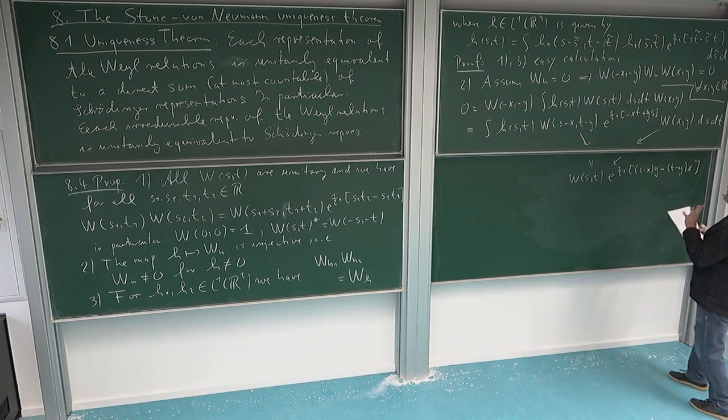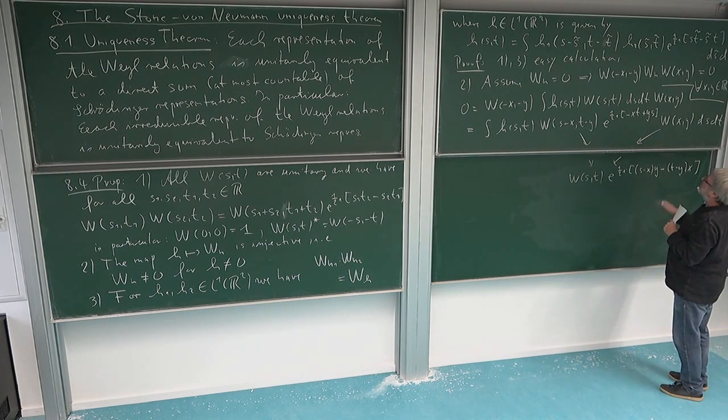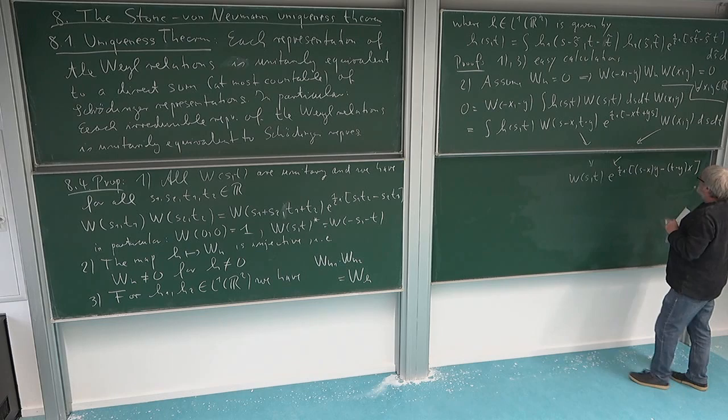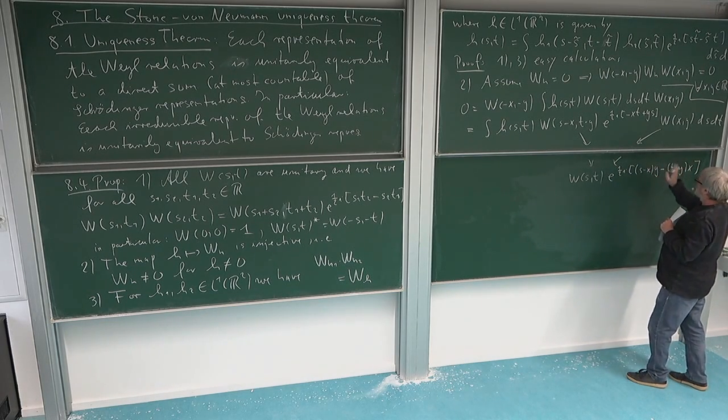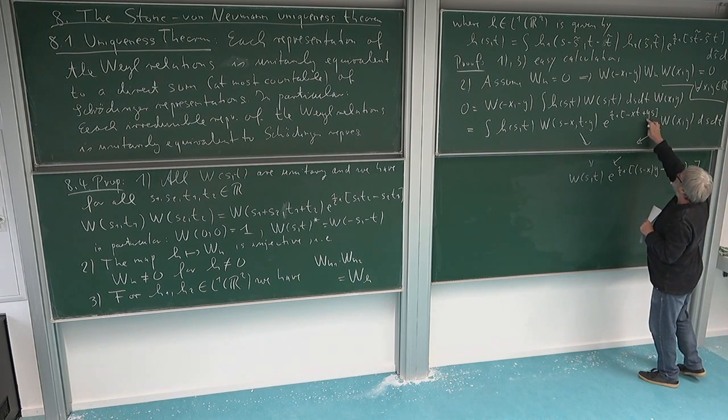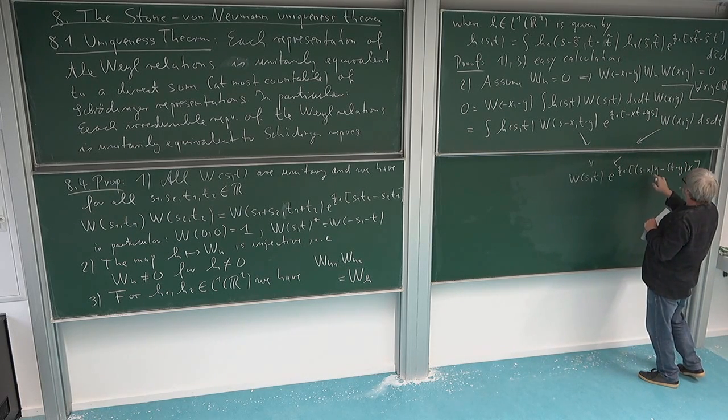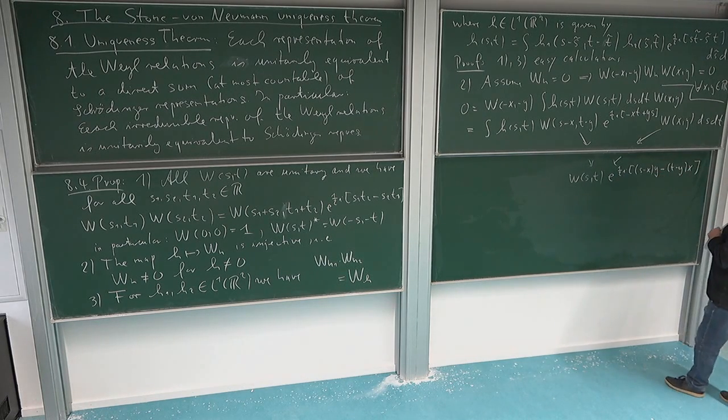And you see now some parts cancel with the phase factor here. So namely the xy, no, the xy doesn't go away, but the sy, I have it here. Let me see. Does it cancel? No, actually it does not cancel. So what do I have here?